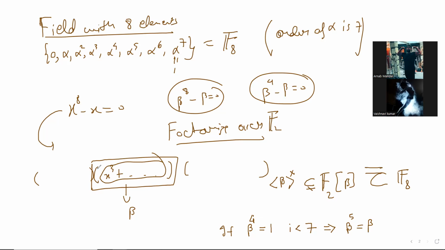Something works from the theorem that the multiplicative group of a finite field is cyclic. So that is one of the roots which works, and if one of the roots works, then every other root works.